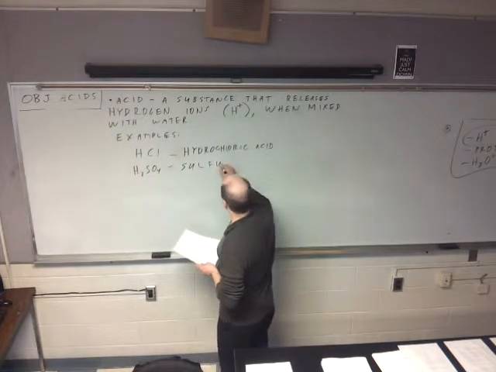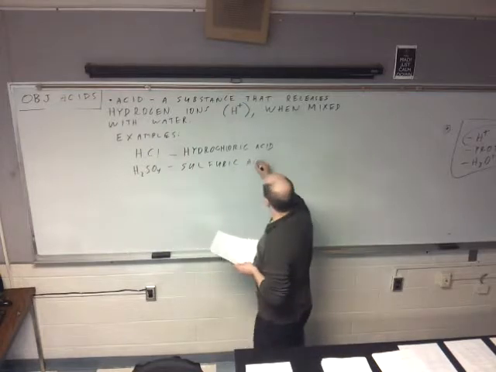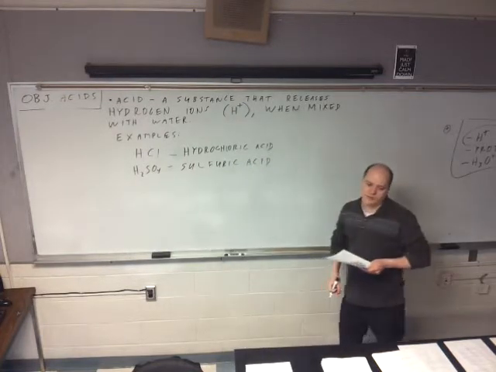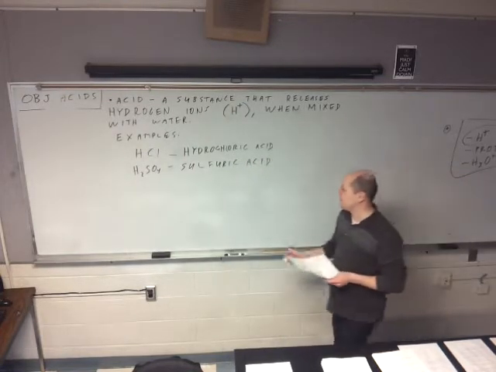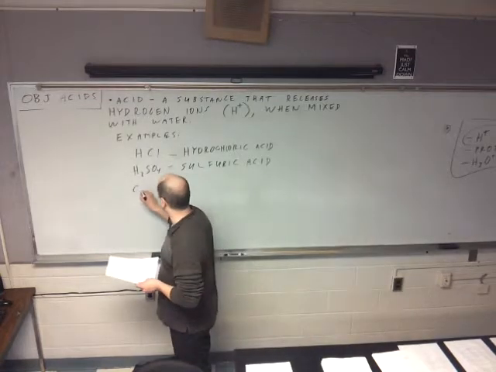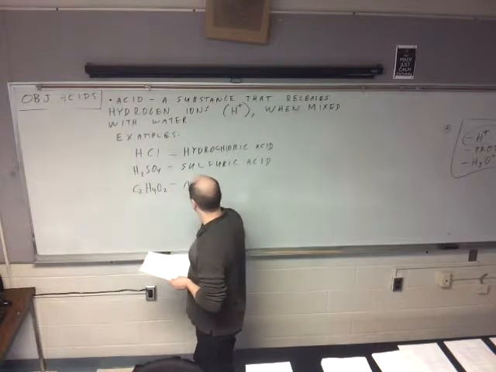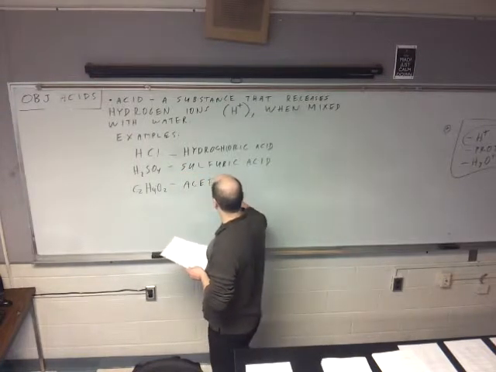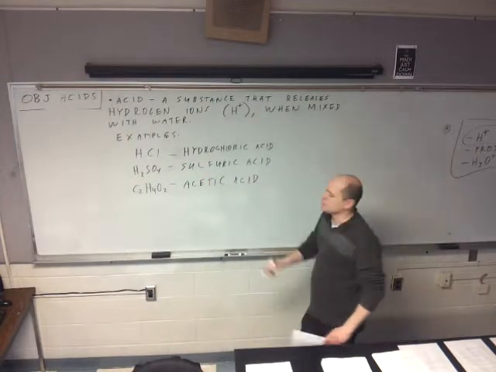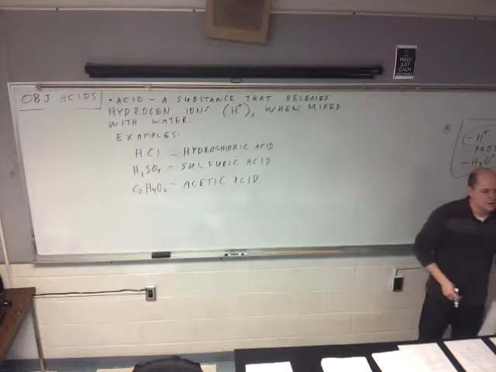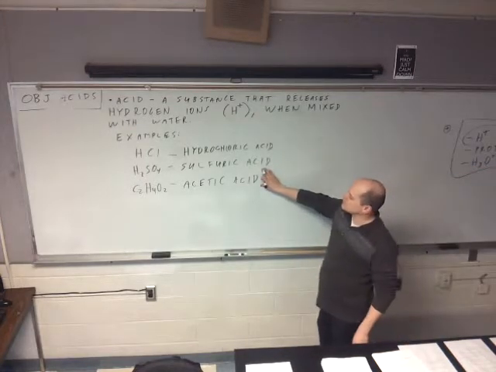That's sulfuric acid. Those two you've used before. And one more that you see a lot, and you can see this written two different ways: acetic acid. So these are probably the three most common that you would see in this class. The third one down is vinegar, basically.